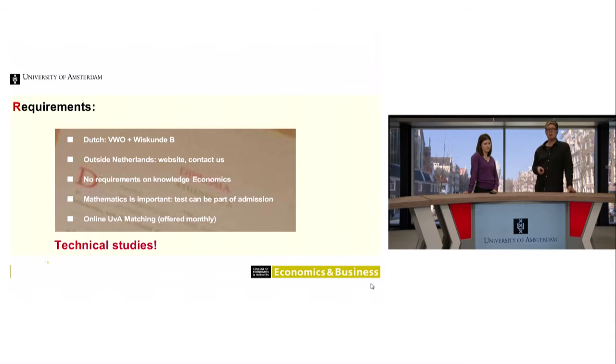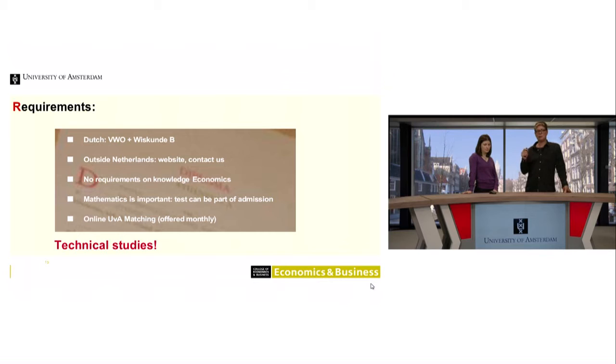This year it will be obligatory and compulsory to participate in the online UvA matching, which is actually a way for you to find out whether these studies are something for you. What we offer you is a week of study, and you're required to participate. This is all done online.